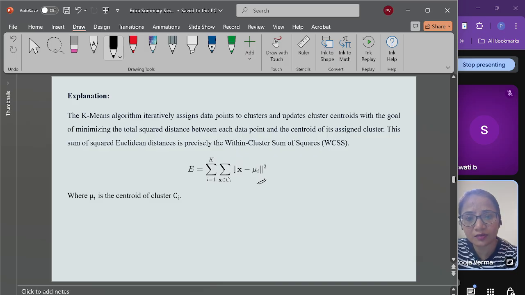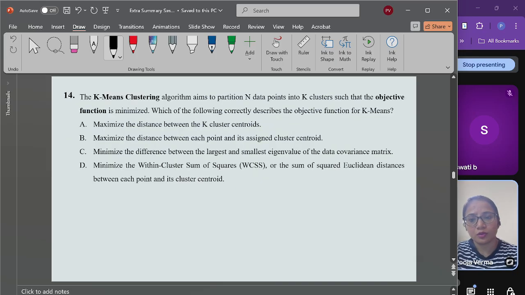That is this one: the total number of clusters and the points x minus mu i, where mu i is the centroid of the cluster Ci. So option D is the correct answer: minimize the within-cluster sum of squares, or the sum of squared Euclidean distances between each point and its cluster centroid.